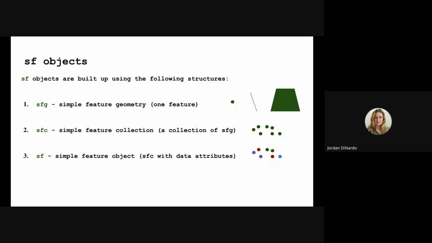So we have a collection of points. And then finally, which I think is most similar to a shapefile within GIS, is what's called an sf object, and that's an sfc, so a collection of geometries, but they have attributes. This is just an example of how these points are colored by some sort of attribute.